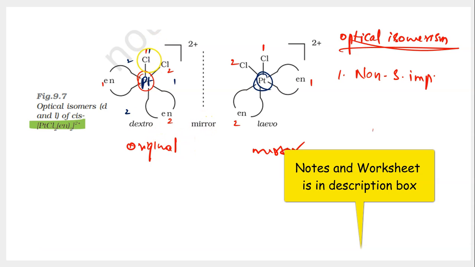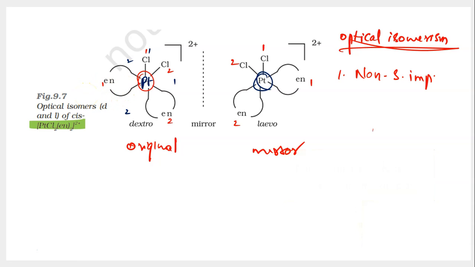Now if you say chlorine is matching, matching of one group is not sufficient. You need to have all the groups matching exactly, without even 1 point of difference. Only then do you call it superimposable. But here only one chlorine is matching, and everything else is different. So this particular complex is producing non-superimposable mirror images. Because non-superimposable mirror images are produced, this molecule is exhibiting optical isomerism.